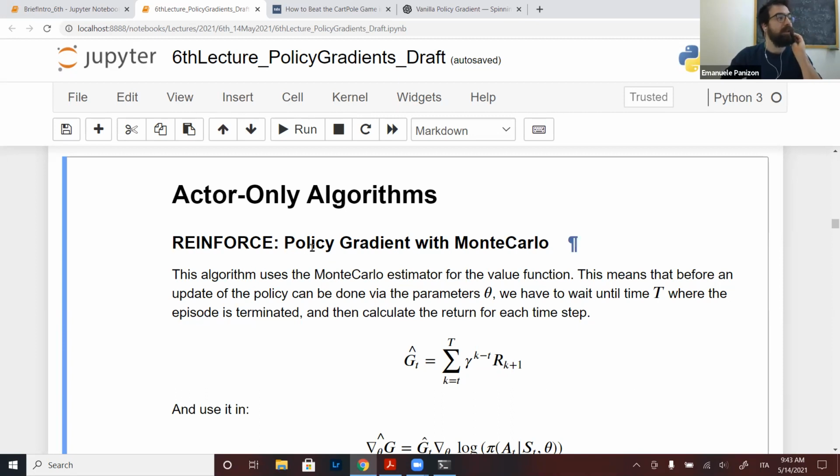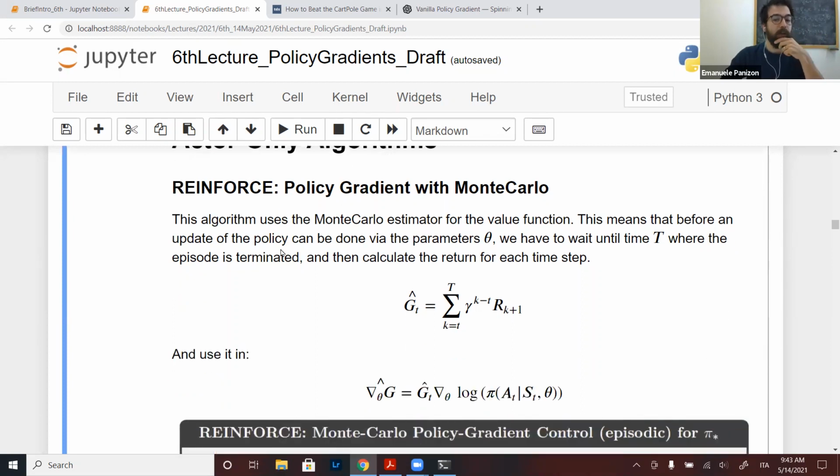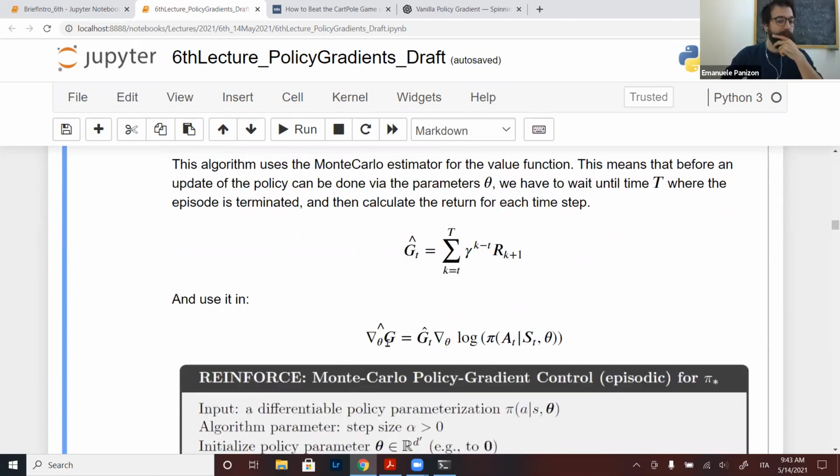It's actor only, so it does not need to store and estimate the value explicitly, because it uses Monte Carlo. If you remember, Monte Carlo means that instead of estimating or knowing the Q, we just consider the return at time t, the complete return at time t. So we will use this gradient of theta g.